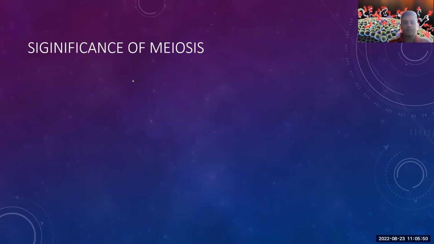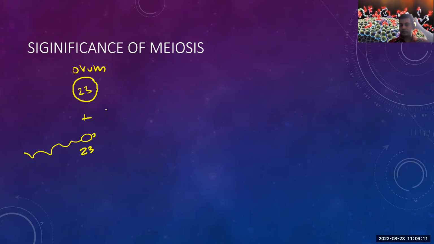If cells are produced to make the organism, like I discussed before, this is the ovum, and this is the sperm cell. This being 23, and this being 23. And this may be the first child.